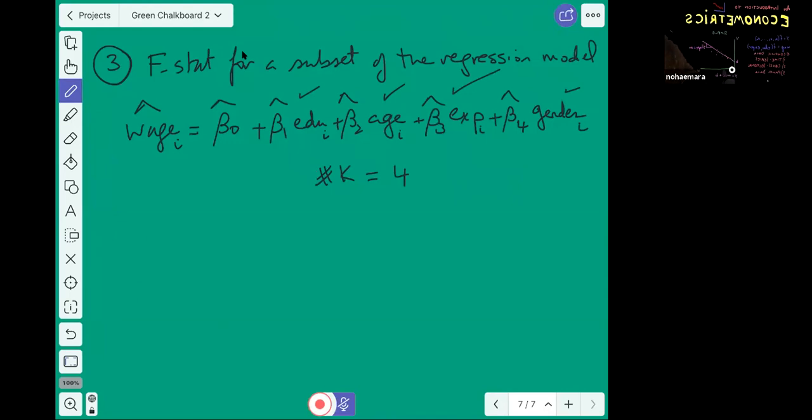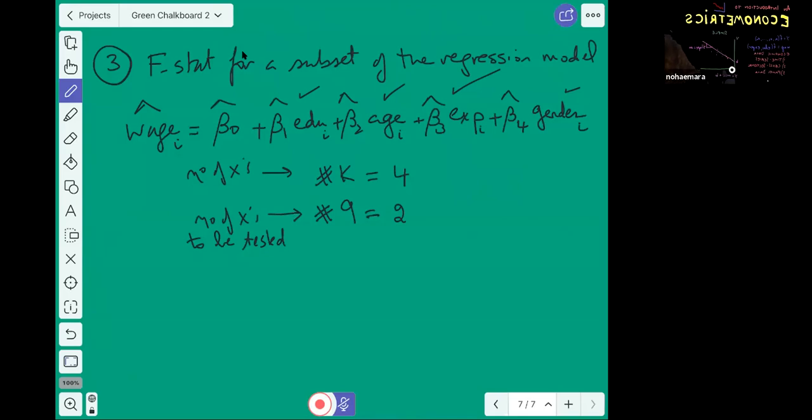However, what I want to test, I'm going to call it q. This is the number of x's to be tested. I want to test just 2. I might also test 3, but don't test the 4, because if you test the 4, then you're going to go back to model or test number 1.